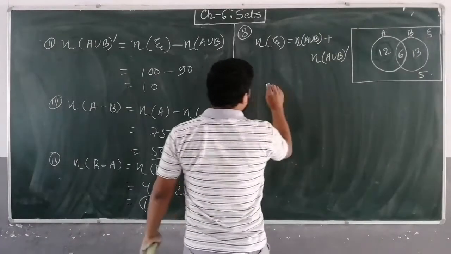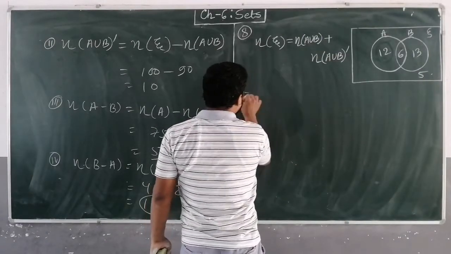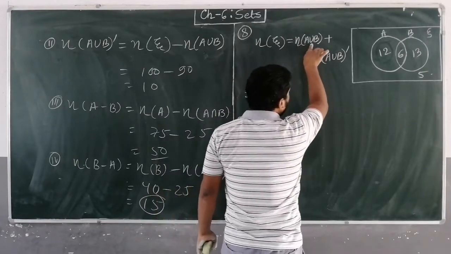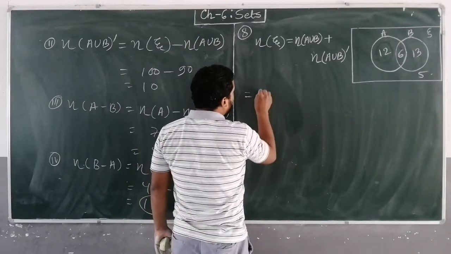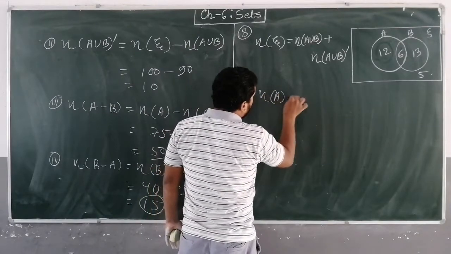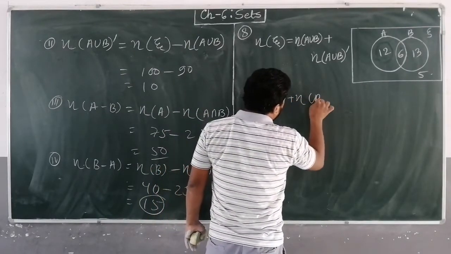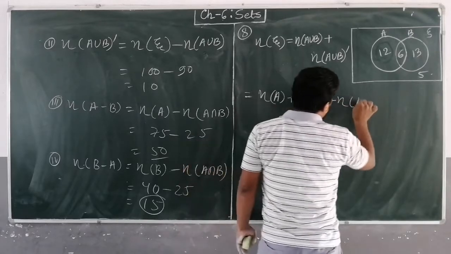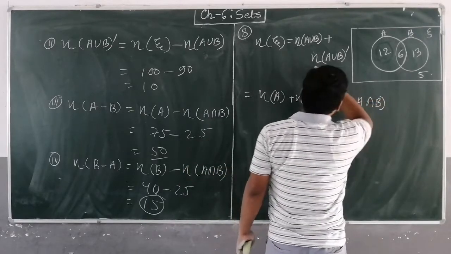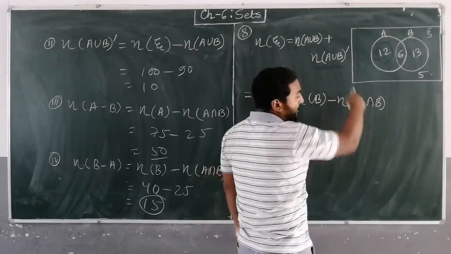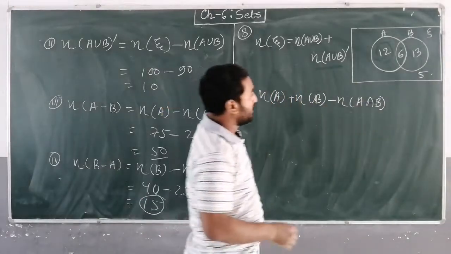So this is equal to cardinality of A union B, which is not given directly, but you can use the formula. Cardinality of A union B is cardinality of A plus cardinality of B minus cardinality of A intersection B, and cardinality of (A union B) complement is given in your book, that is 5.